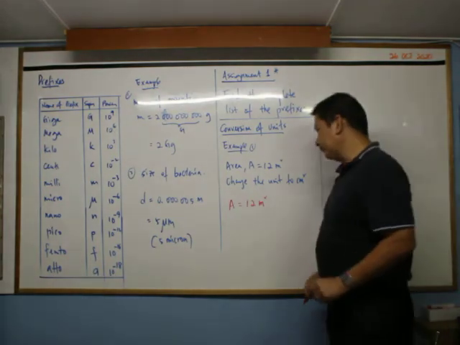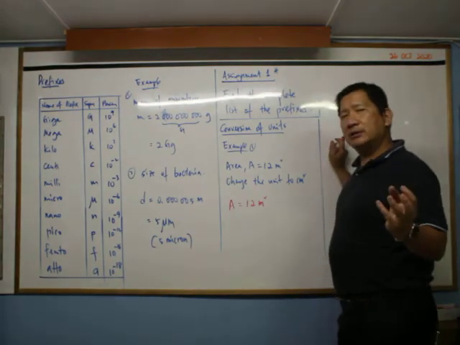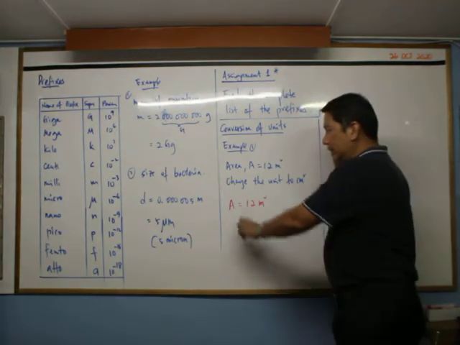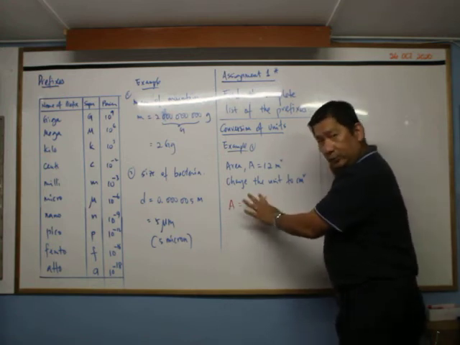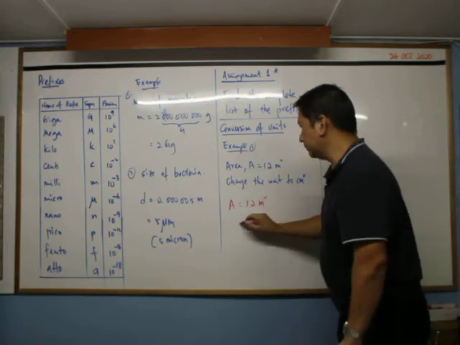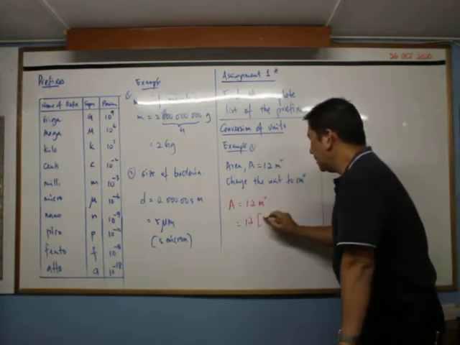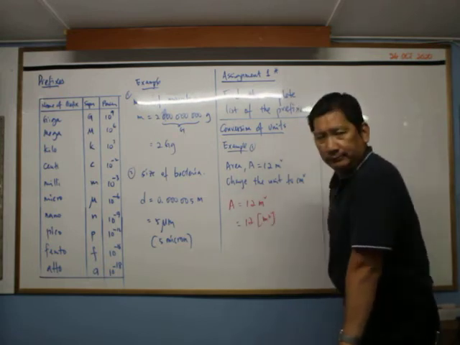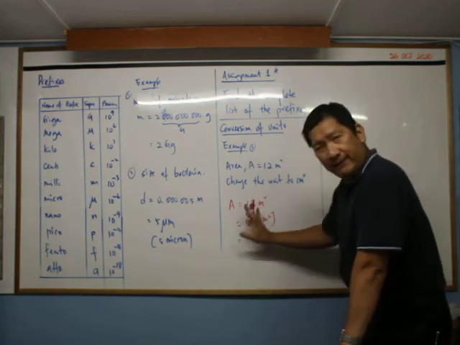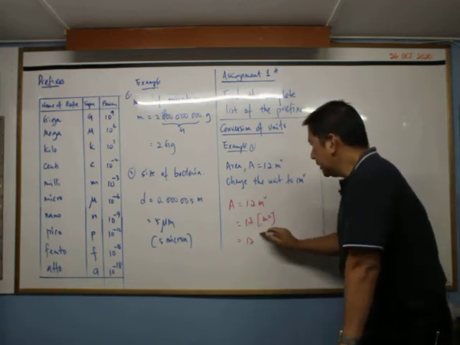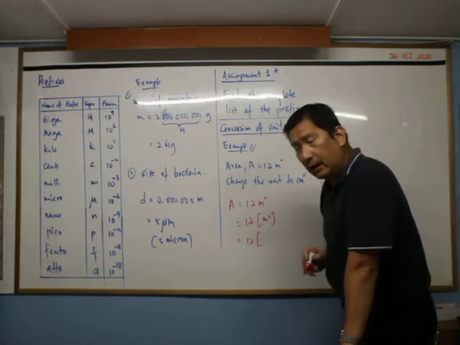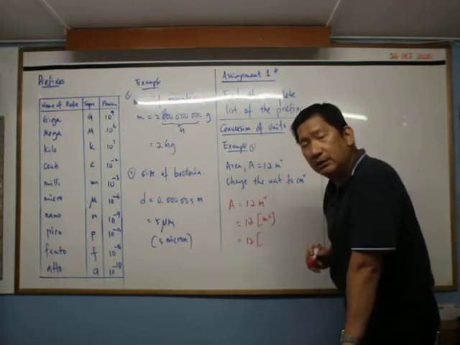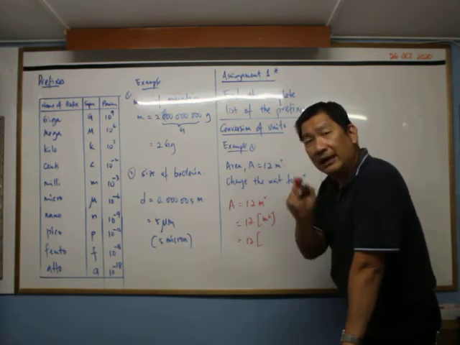Now remember, how do you tell people about the size of a quantity? This is a magnitude, and this is a unit, right? 2 things you need. So we separate them now: 12 and meter square. The number, we leave it alone, don't make any changes. And then meter, you change to centimeter. Meter changed to centimeter is 100 cm.